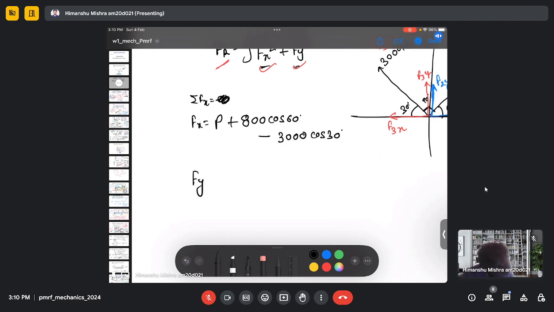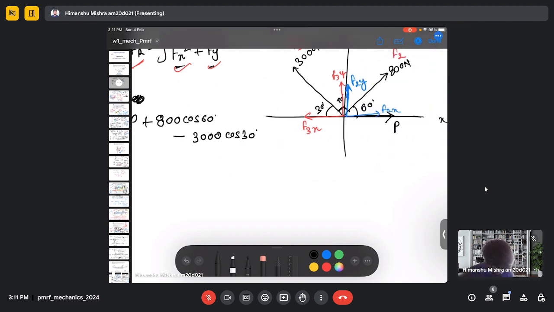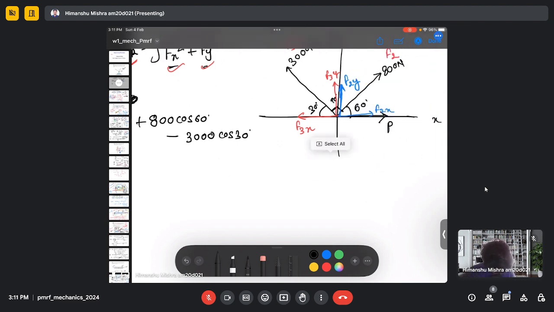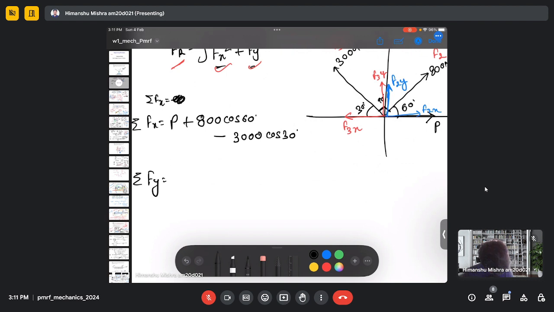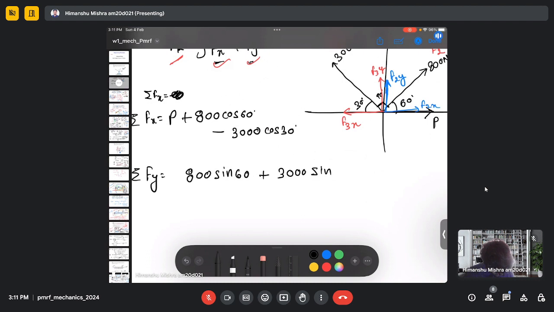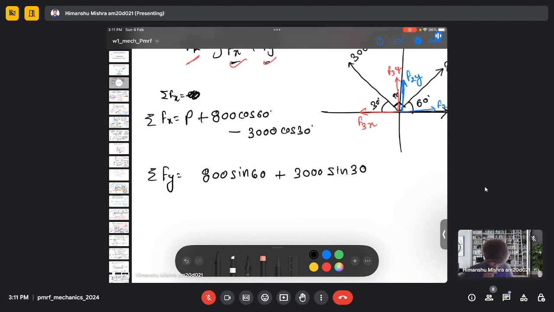Similarly, I can write the summation of Fy, which is 800 sin 60 plus 3000 sin 30. This is the vertical component of the forces.